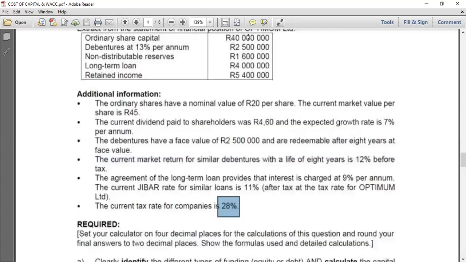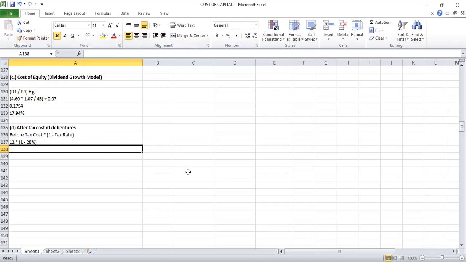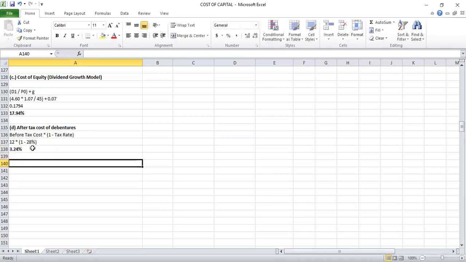We're told that the tax rate is 28%. What do you get? 8.64%.